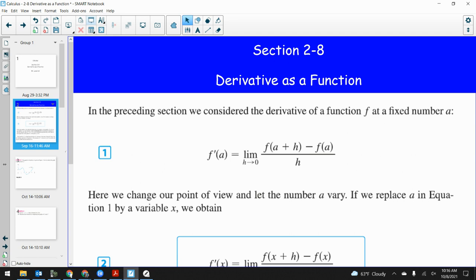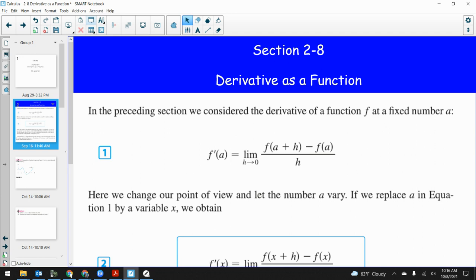f prime of a, where a is any x value that I choose, is equivalent to f of a plus h minus f of a all over h, and the limit as h goes to 0 of that thing, right? This is technically the slope, f of x minus f of a over x minus a. It's just a manipulation of that equation. So what if we generalized it?